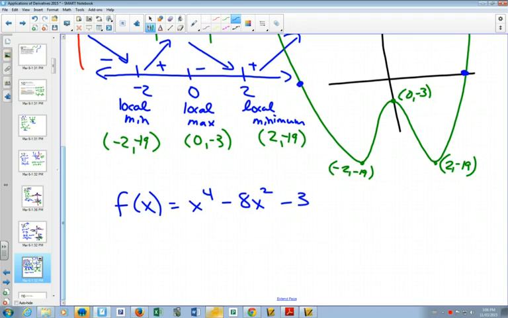Solving for this, it can't be factored. Solving for x to the 4 is not something that you're used to. But if we just do a little substitution, let's let y equal x squared, or some other letter.